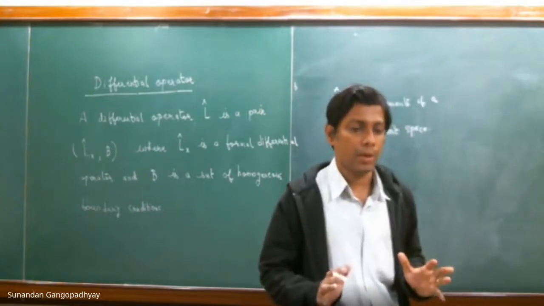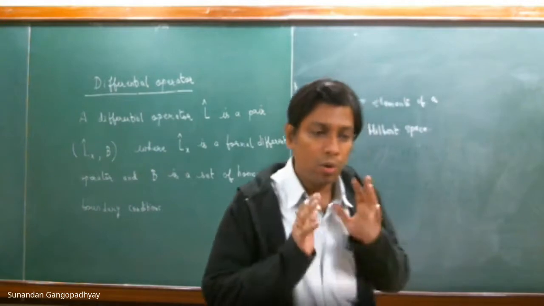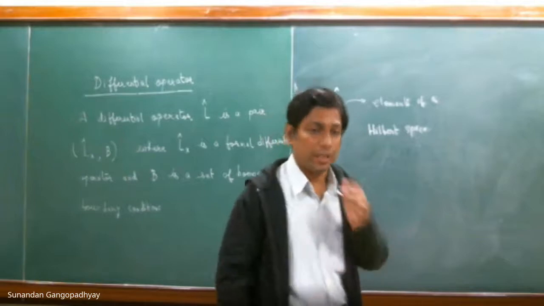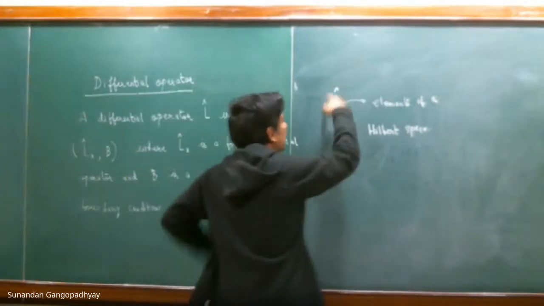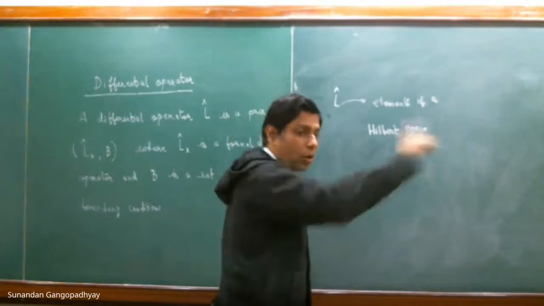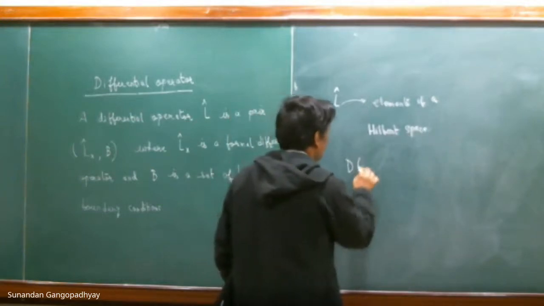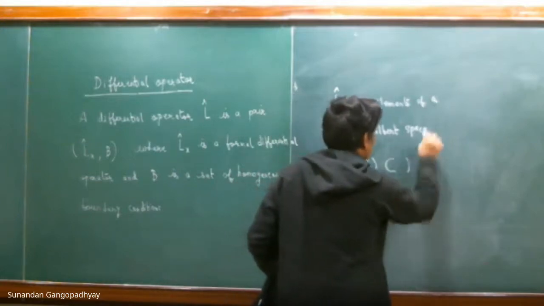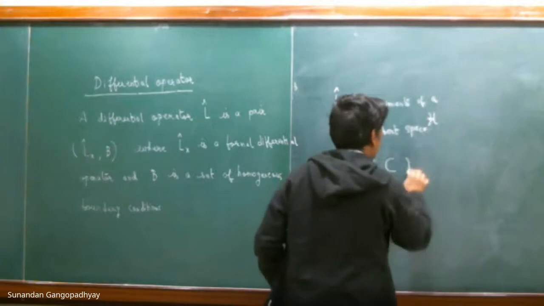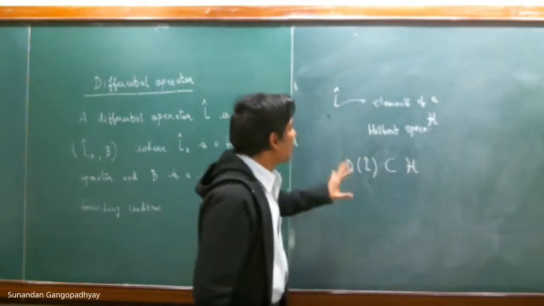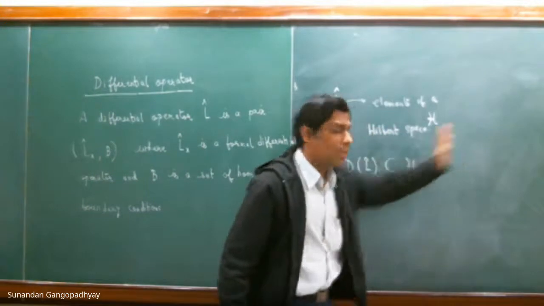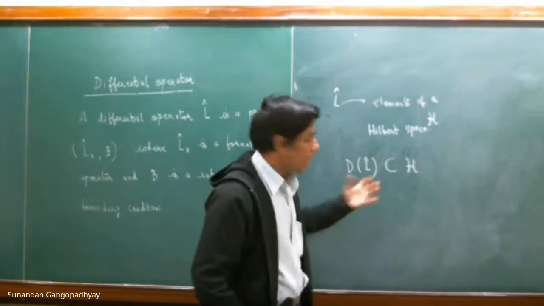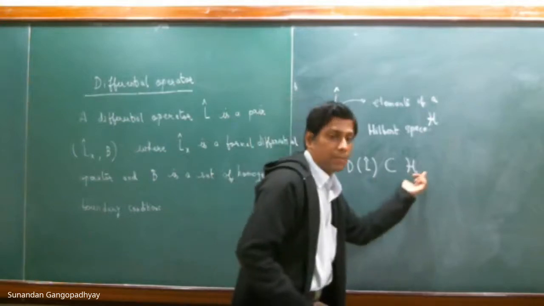This is something very important. It only acts on those elements of the Hilbert space which obey the boundary conditions. So this operator does not act on all the elements, rather it acts on a subset. The Hilbert space I denote by H. So L hat does not act on all the elements of H, rather it acts on a subset of elements of H. So D of L hat is a subset of this full Hilbert space.